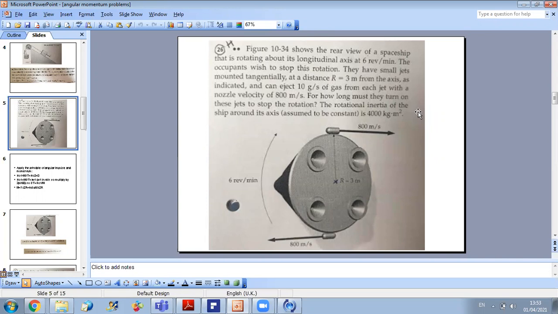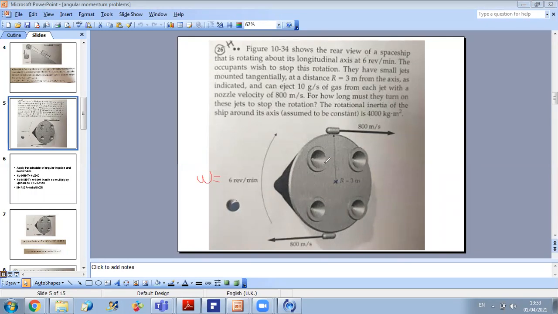Okay. So let us see what we have here. First, this ship is in rotation about its axis, okay? And we know that the omega of rotation is equal to 6 revolutions per minute, okay?